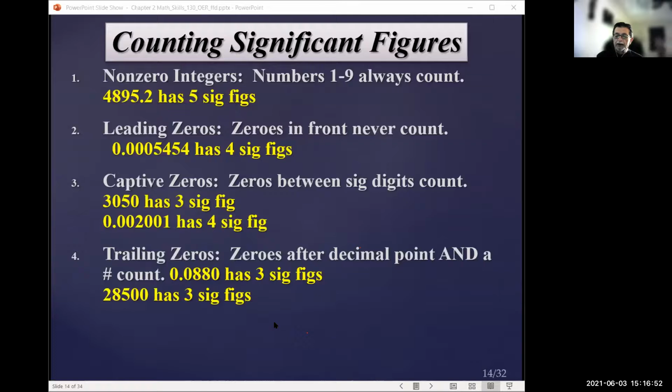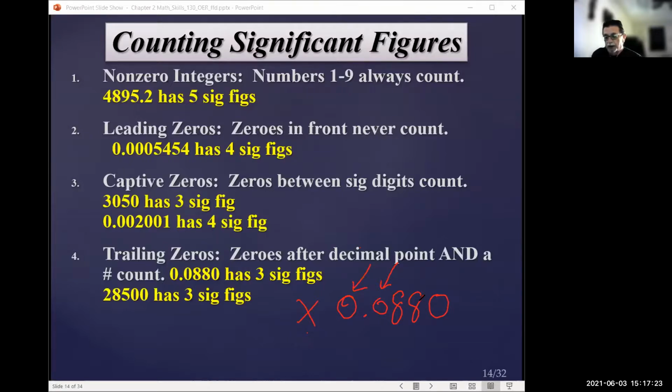Now, let me do it this way so we can see. 0.0880. Looking at these 2 zeros here, there's no integer in front of them, so they don't count, which is consistent with rule number 2.